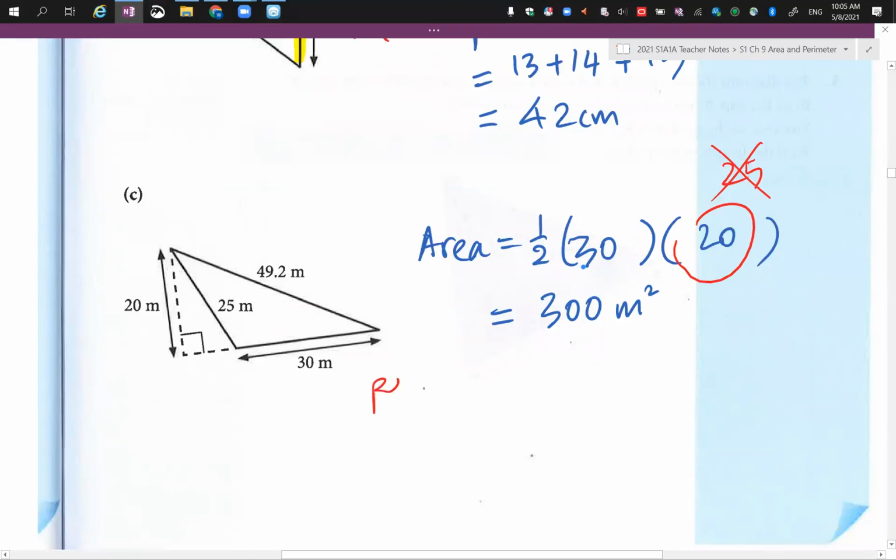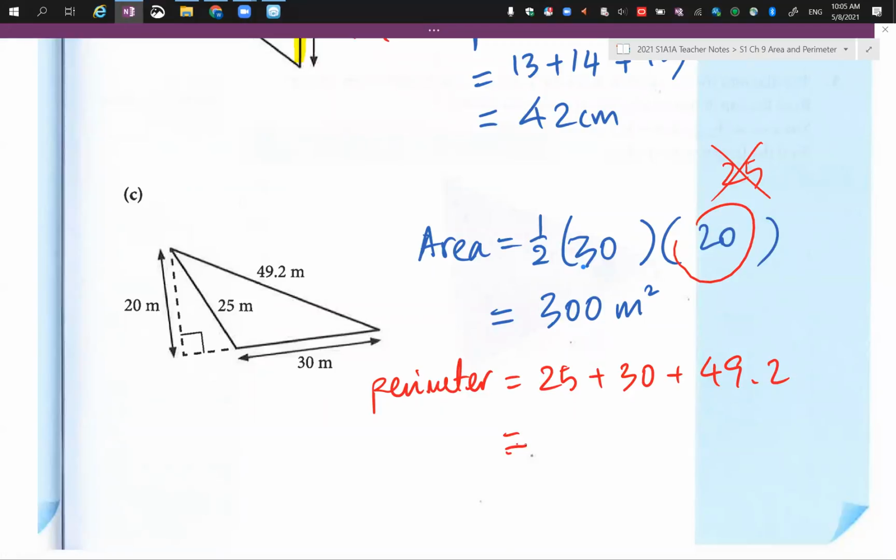So finally, perimeter. 25, 30, 49.2. 104.2 meters.